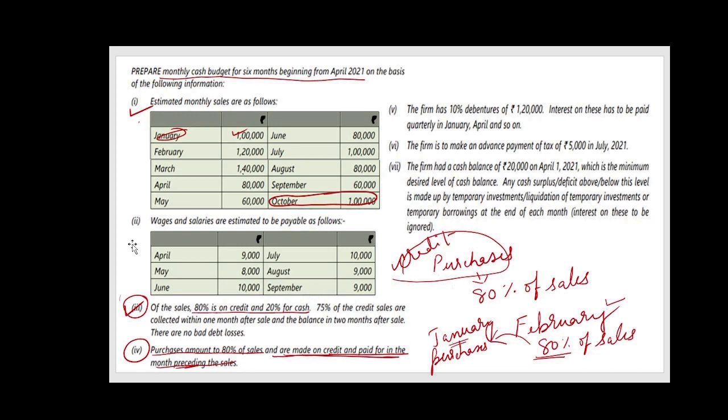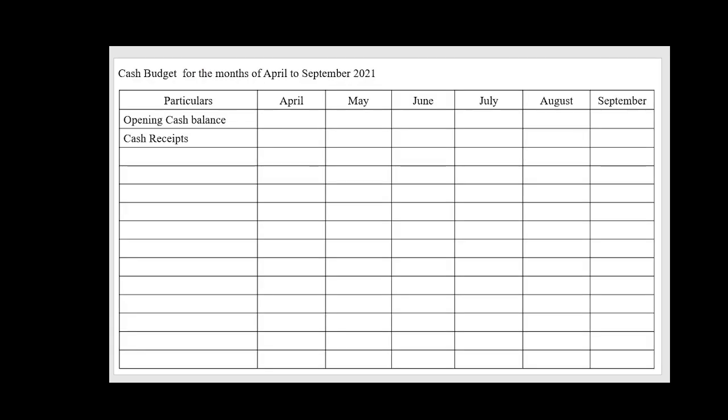What is the opening cash balance? In the problem, look into the last adjustment. The firm had a cash balance of rupees 20,000 on April 1st, 2021, which is the minimum desired level of cash balance. So in the month of April 2021, the company had 20,000 as its opening cash balance.